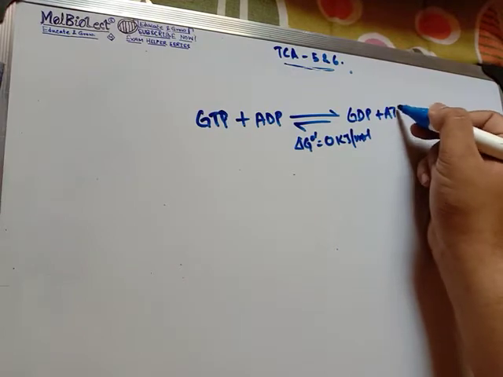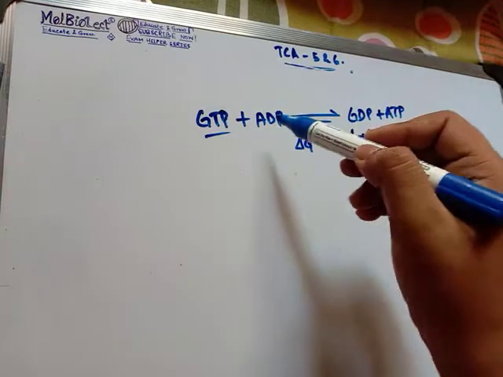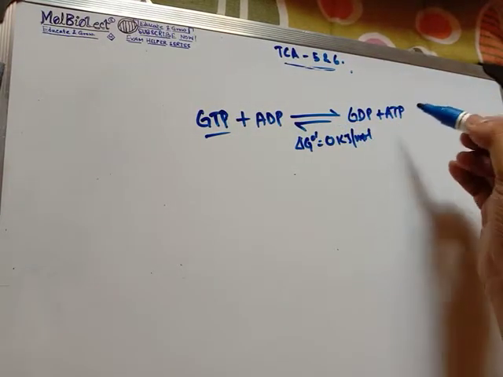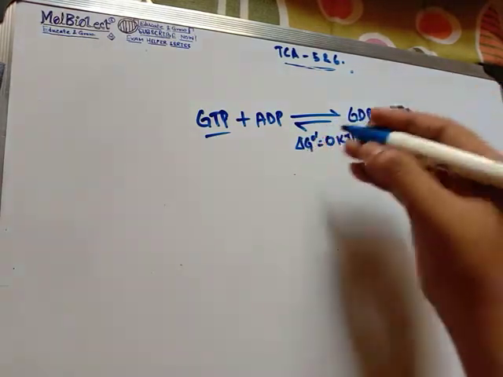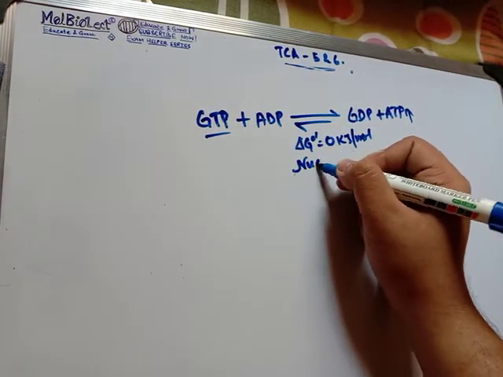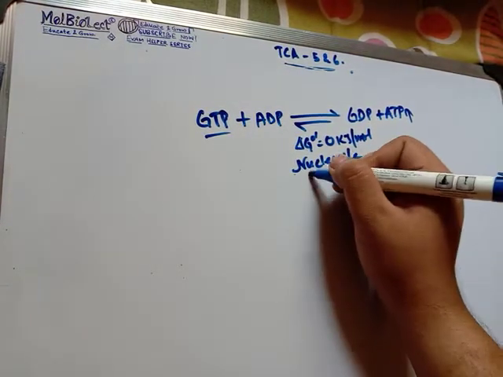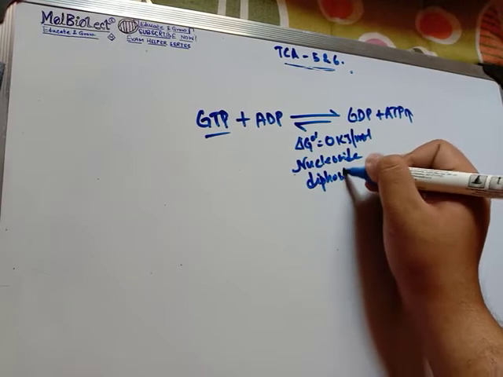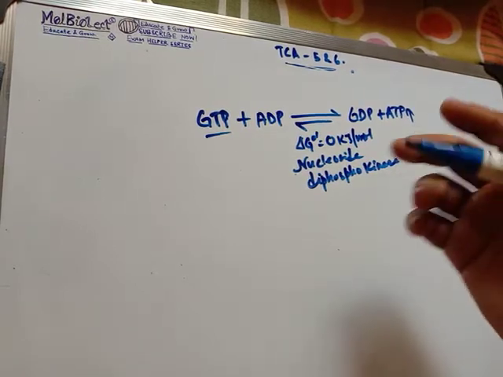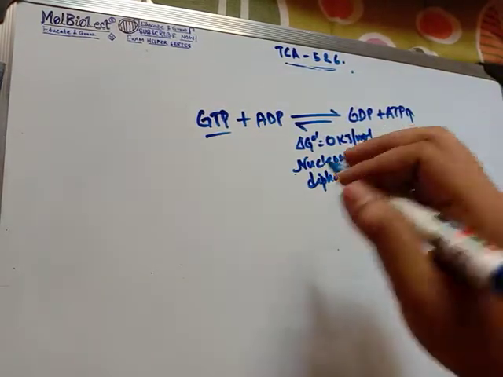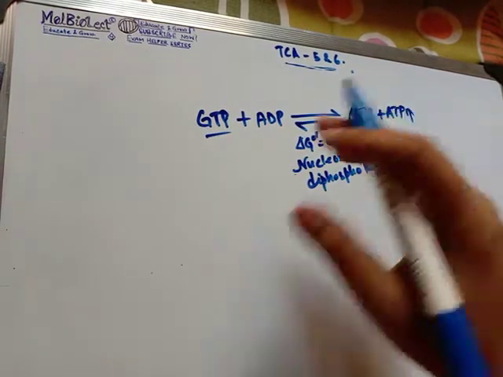So in cells, whenever you require ATP and there is high concentration of GTP, this reaction can take place, or whenever there is high concentration of ATP and you need GTP, this reaction can take place. The enzyme for this reaction is nucleoside diphosphate kinase, and the delta G0 value for this reaction is basically 0 kilojoule per mole, favorable in both ways.